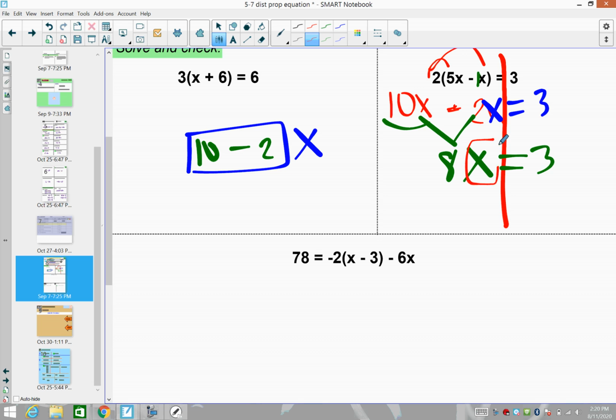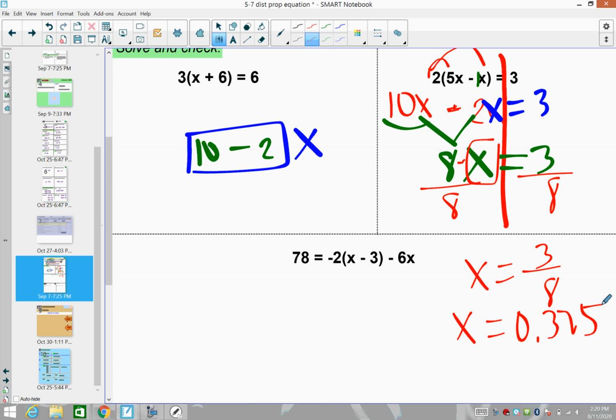So our job is to figure out the value of x. So to do that, I'm going to do the inverse operation, or the opposite of multiply, which is to divide. So we get x equals 3/8, or x equals 0.375. So we can substitute back in and check our work to make sure that that's correct. So let's go ahead and do that.